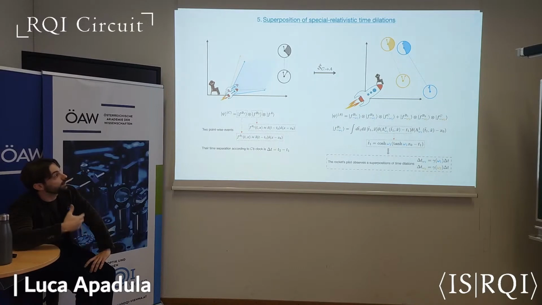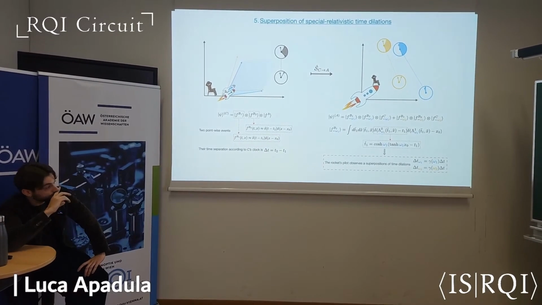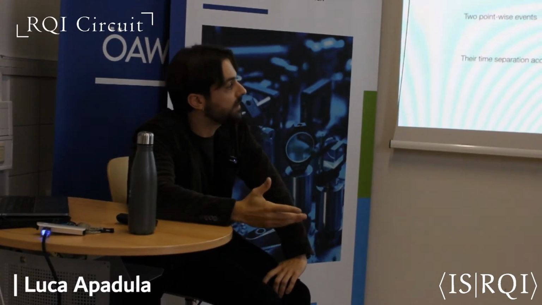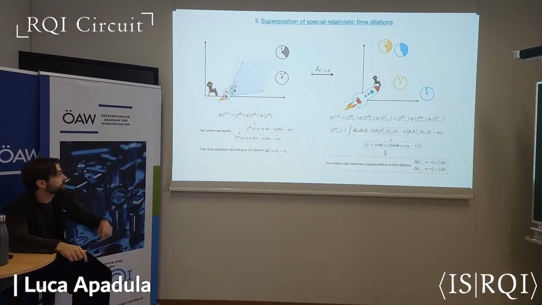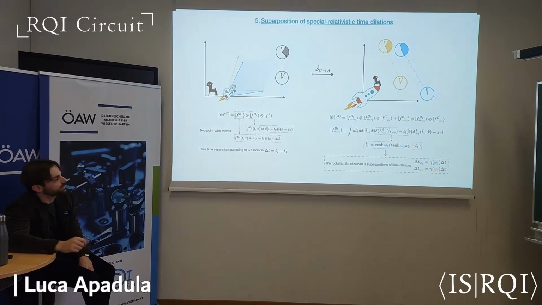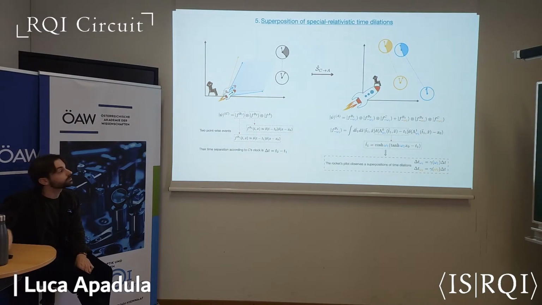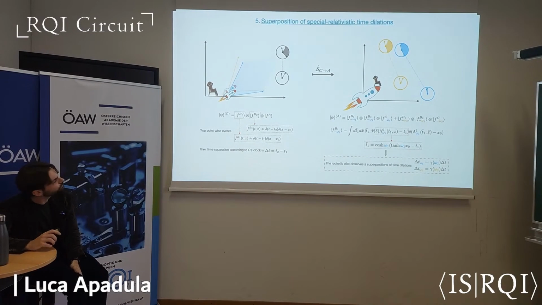In each branch, we have a boosted couple of the previous events B1, B2, which now have a time separation given by special relativistic time dilation, according to the gamma factor for the blue branch, gamma of omega pi 1, which is related to the velocity of the blue space shuttle, and the same thing for the other branch. So we can infer that the rocket's pilot is observing a superposition of special relativistic time dilations.